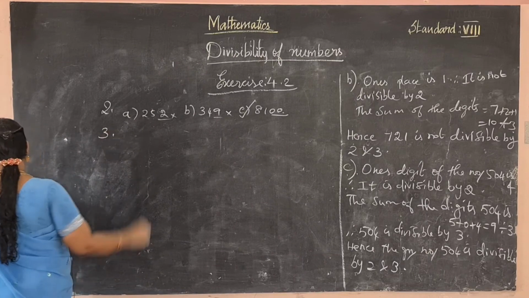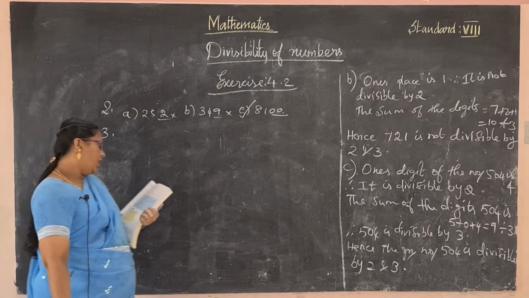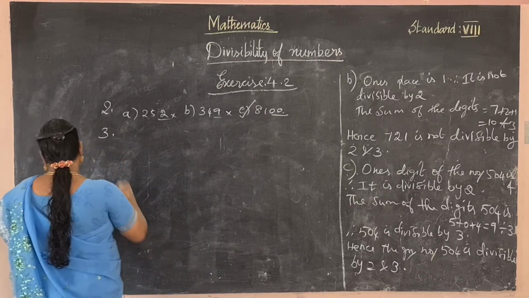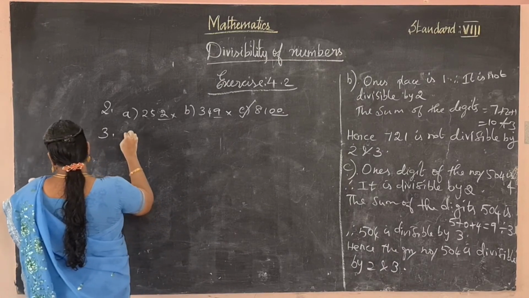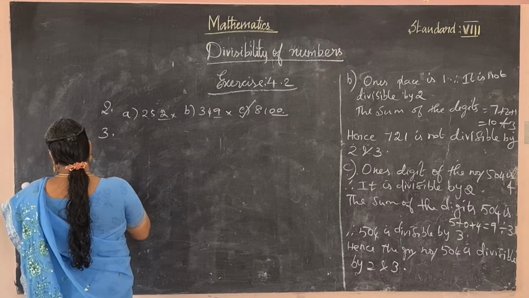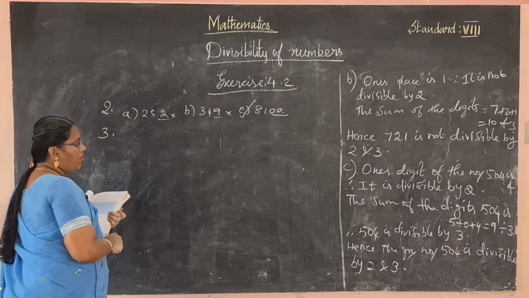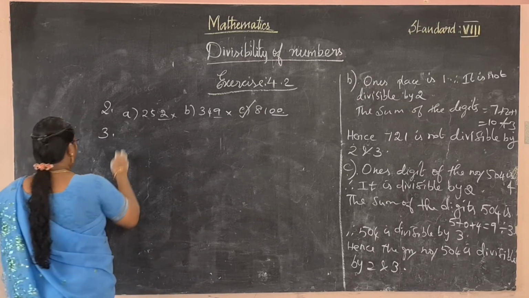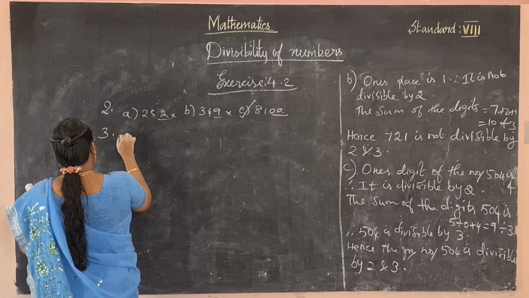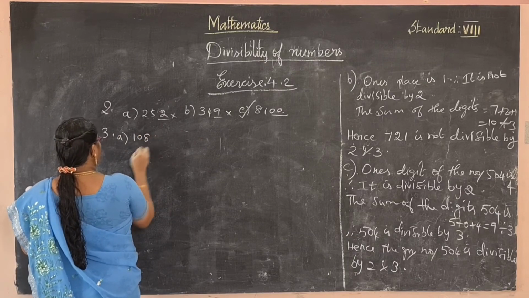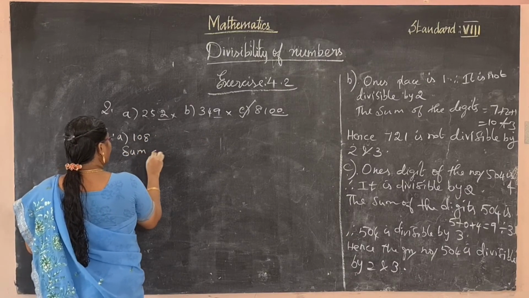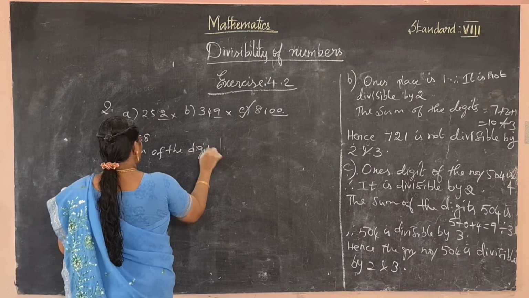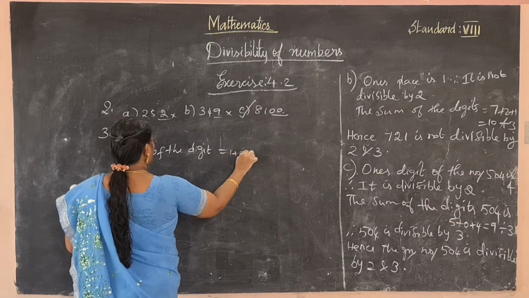And the third one, which of the following numbers are divisible by both 3 and 9? So what is the rule for 3 and 9? The sum of the digits is divisible by 3 or 9. See the first one, 108. The sum of the digits is 1 plus 8 is equal to 9.